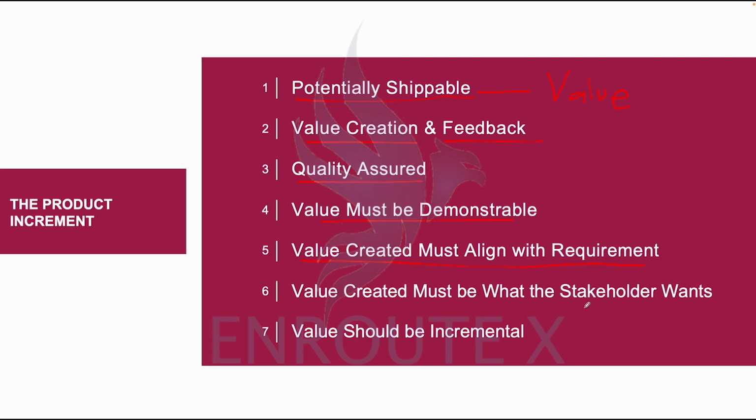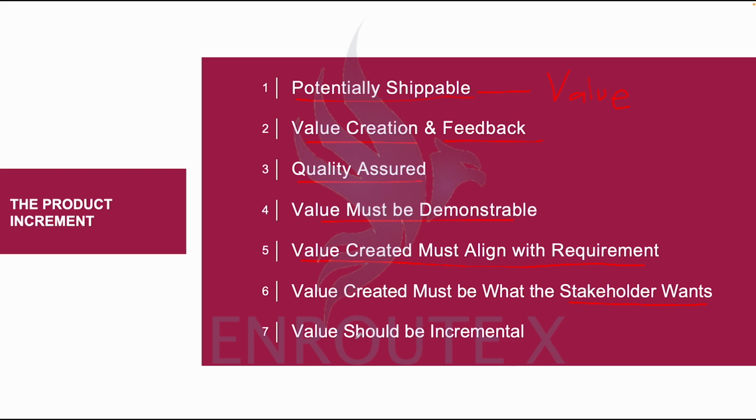And that goes further to the next one. Value created must be what the stakeholder wants. Agile is customer centric. Your development cycles, your development stages are ensuring that what the stakeholders or end users or business or management want is what you are delivering.